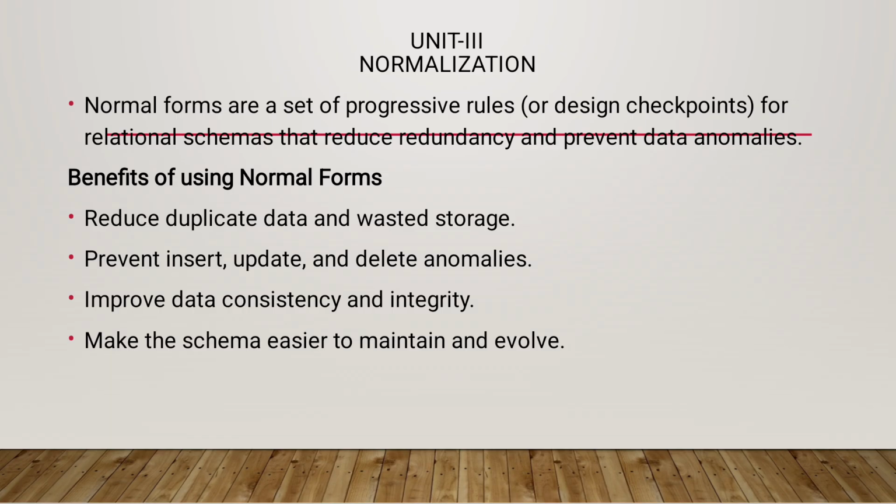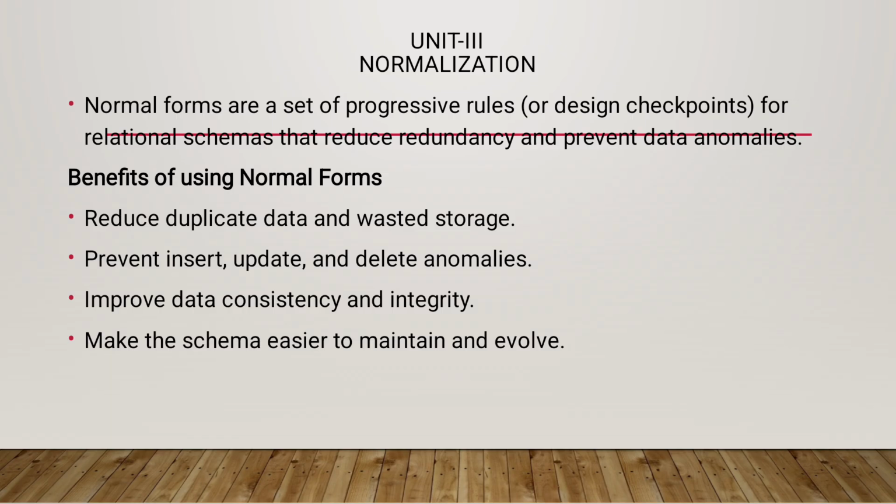Next, it prevents insert, update and delete anomalies. That is, while inserting new data in the database, if any duplicate data is inserted, it will reduce that repeated data. Next, while updating, if the data is already updated, it reduces that anomaly.